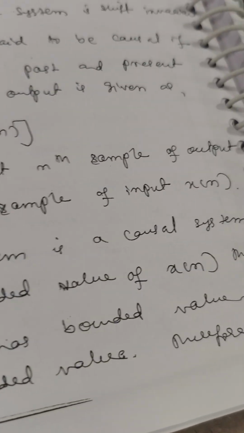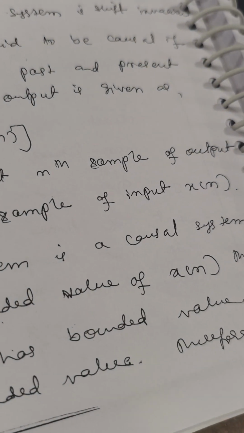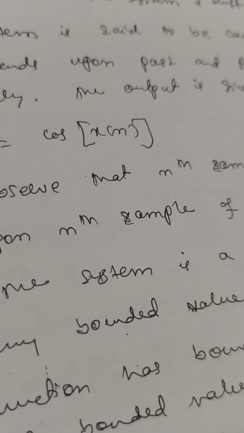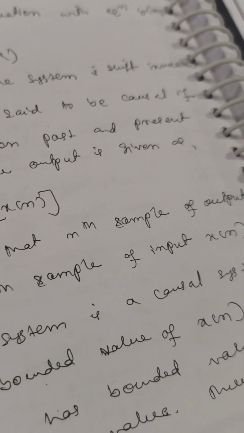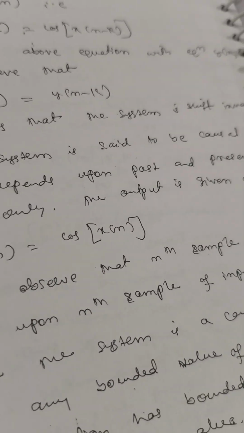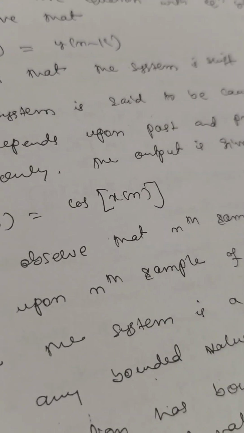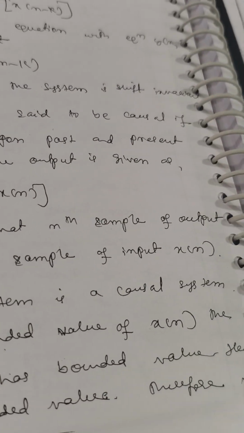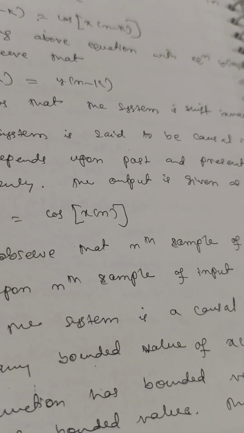We call the system non-causal if the output depends on future inputs. In reality such systems are not there.